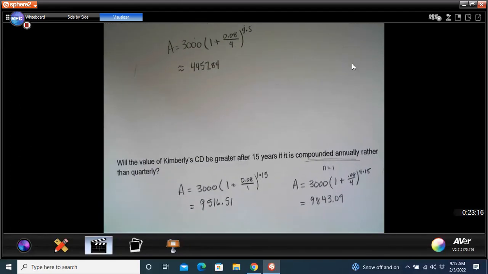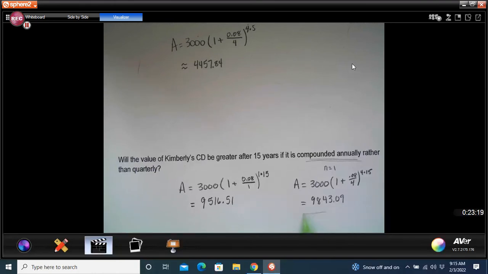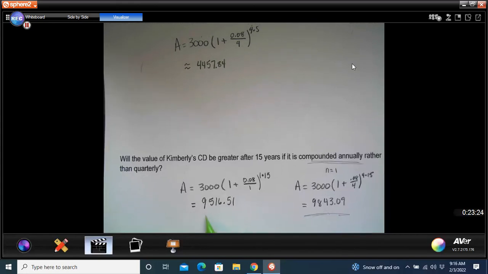So which investment is better? Compounded quarterly, right? Compounded quarterly, I'm going to make more money than if I compounded annually.